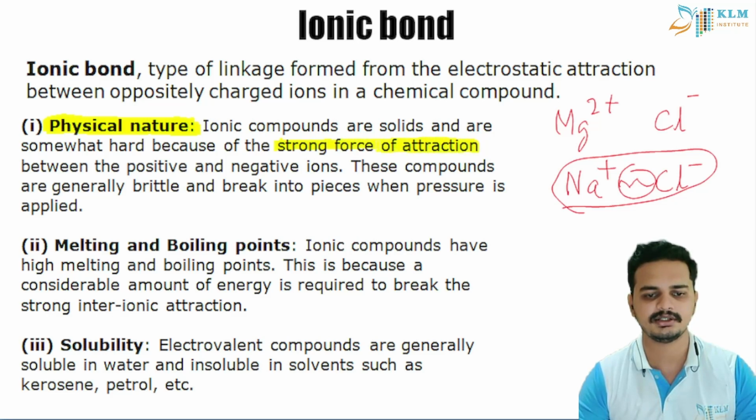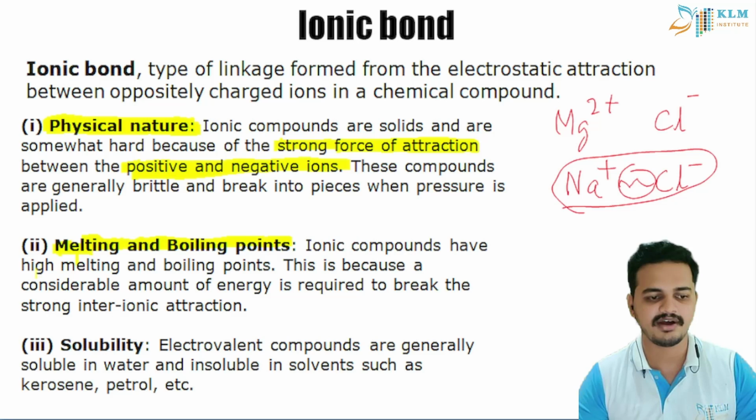Please remember this, because the positive and negative ions are very eager to get the octet structure. These compounds are generally brittle and break into pieces when pressure is applied. If you take rock salt and crush it, it will easily break into smaller pieces.